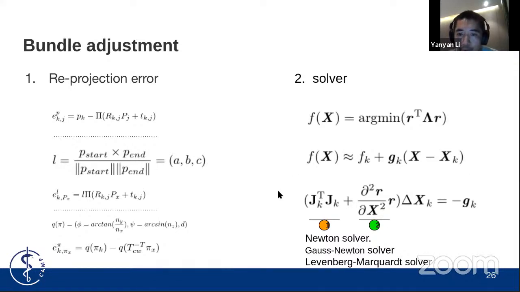You can see that the Gauss-Newton solver only uses this step, Jacobian transpose times Jacobian. But the LM method makes this part into a mu times an identity matrix. So both of them try to ignore this part or use another part to replace it.